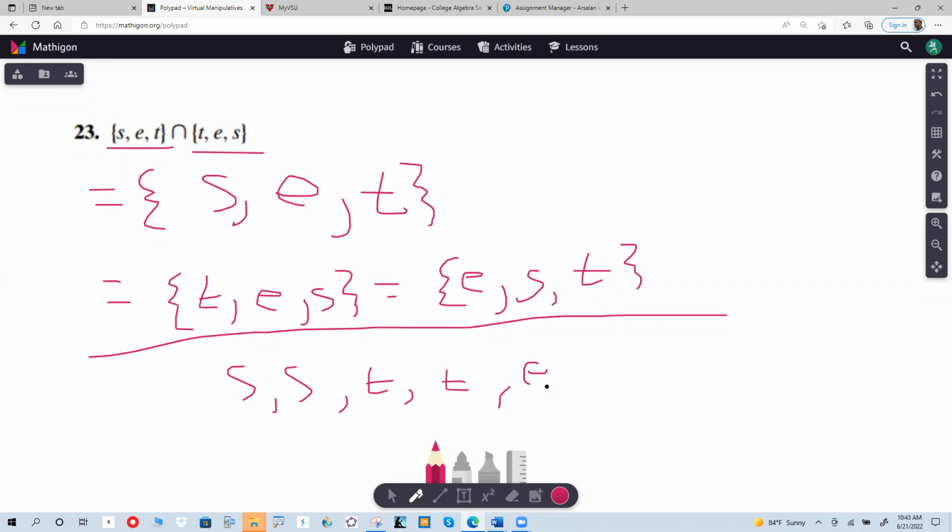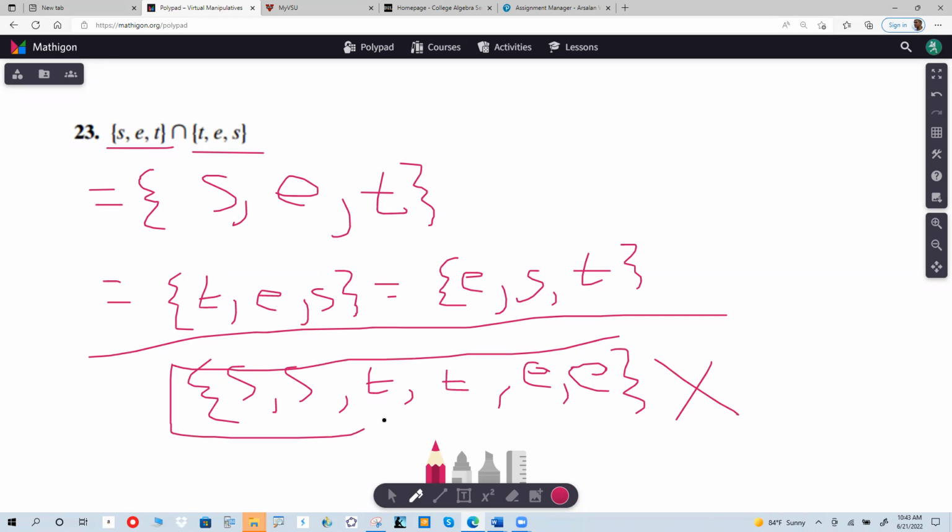TT, EE, even if you put the braces. Just don't double them. They're the same elements. They happen to be in 2 sets. So that is incorrect. I don't want to hear you did that. No, I didn't. I'm saying it so that you don't do it. These are all acceptable. Does that make sense?